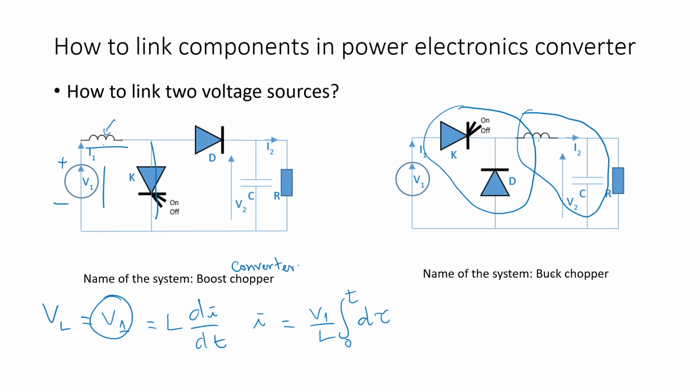Buck converter. Boost converter means you can have voltage V2 at the load higher than voltage at the source. And buck converter means you have voltage at the load lower than voltage at the source.